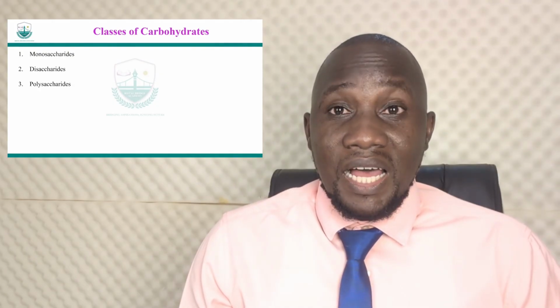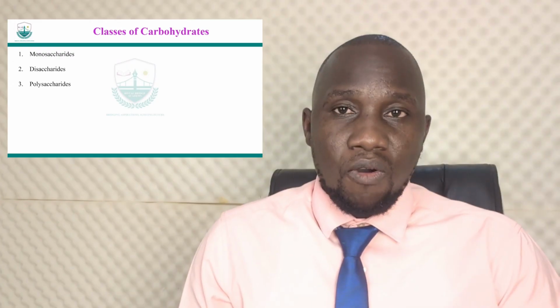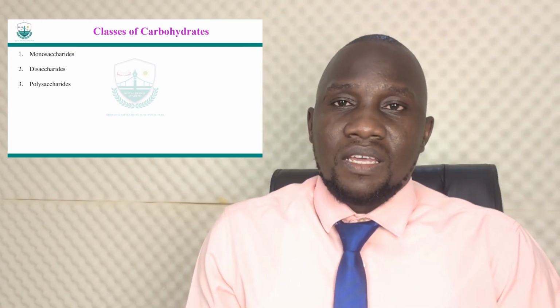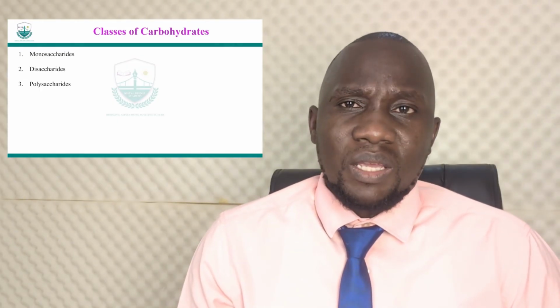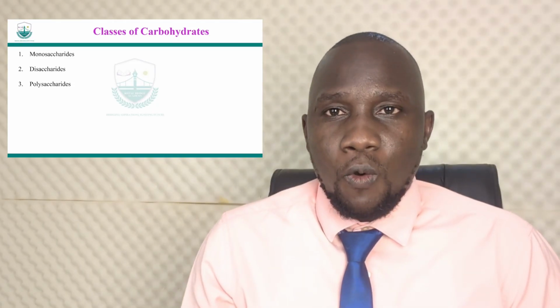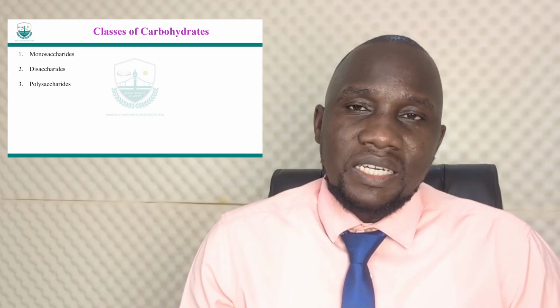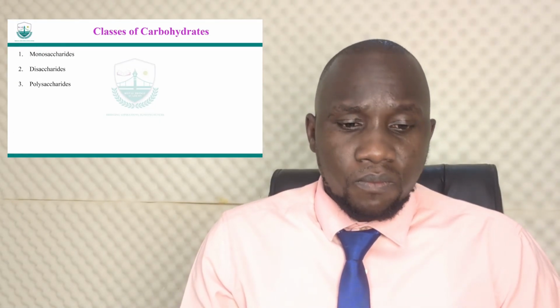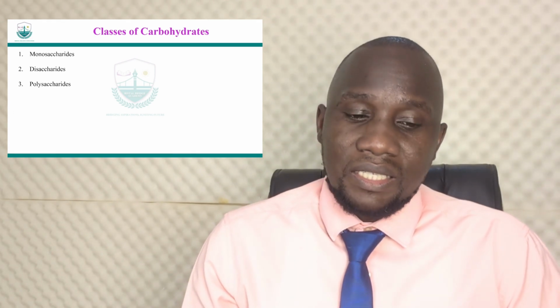Like we said earlier on, we can categorize carbohydrates into either complex or compound carbohydrates and simple carbohydrates. But basically, to be consistent with what other scientists say, we can say that carbohydrates are categorized into monosaccharides, disaccharides, and polysaccharides.